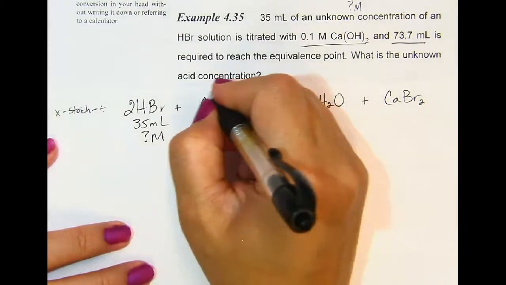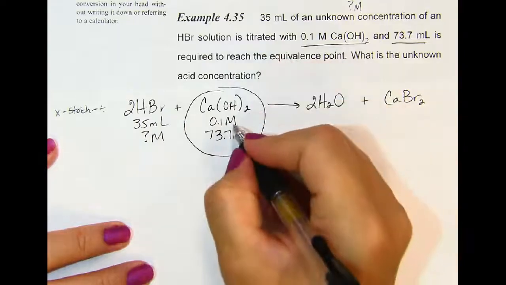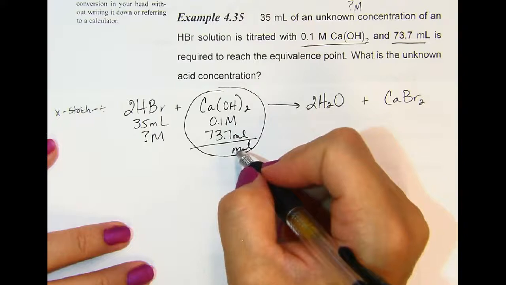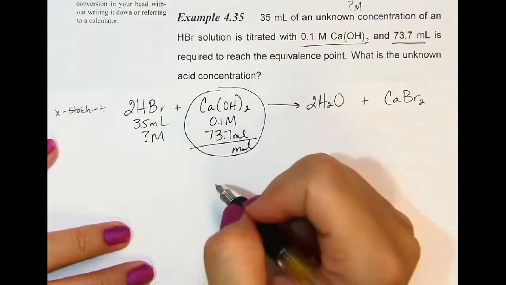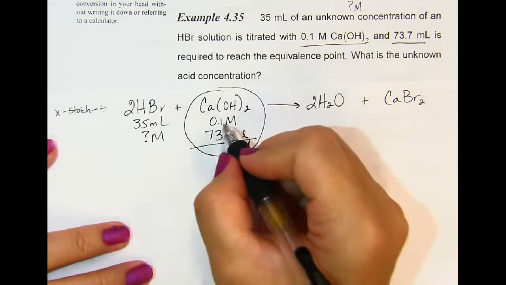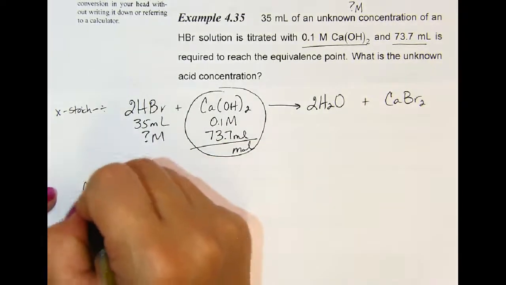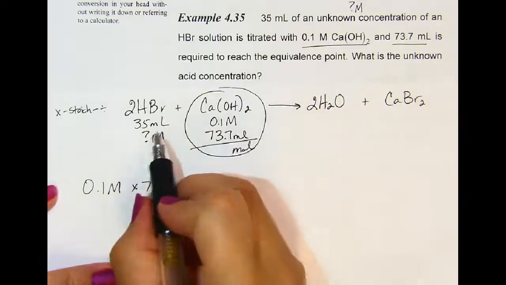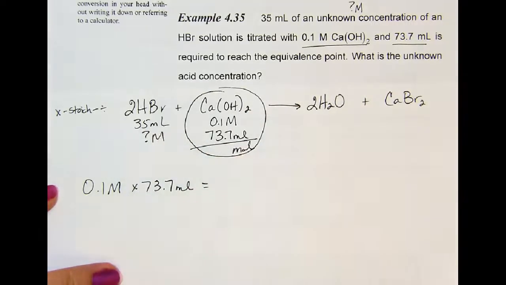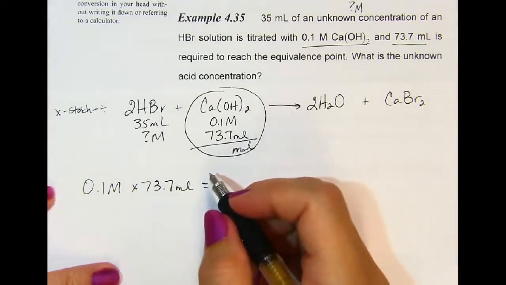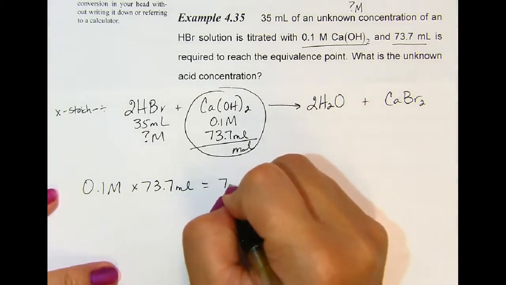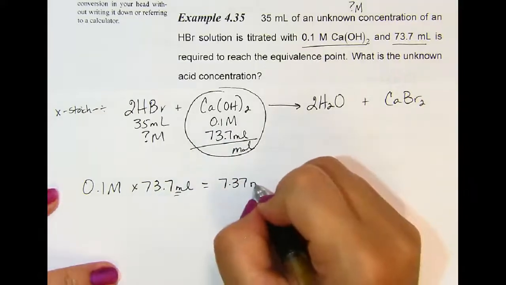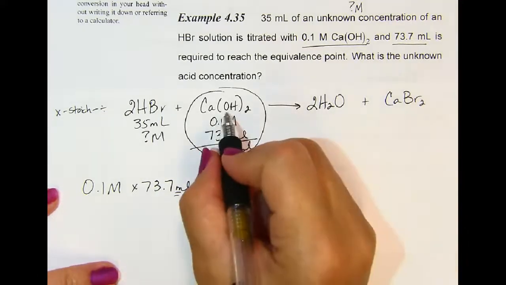So I'm going to multiply these two because molarity times liters gives me moles, because I need this to be in moles in order to do the mole-to-mole ratio from calcium hydroxide to hydrobromic acid. So when I multiply 0.1 times 73.7, and I'm actually going to leave it in milliliters because it's going to work out, since I have milliliters here, we can just keep them both in milliliters. But you can change it to liters if you would prefer. So when I multiply these two, I get 7.37, and that's going to be moles, but because we kept the milli here, it's actually called millimoles, and this is of calcium hydroxide.